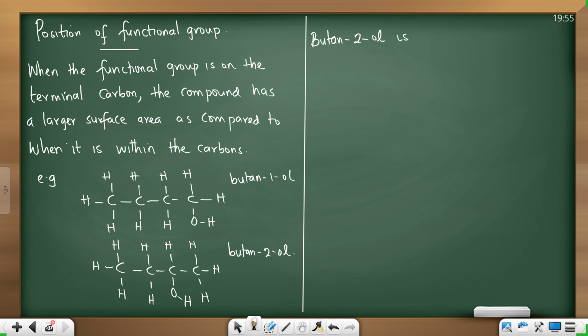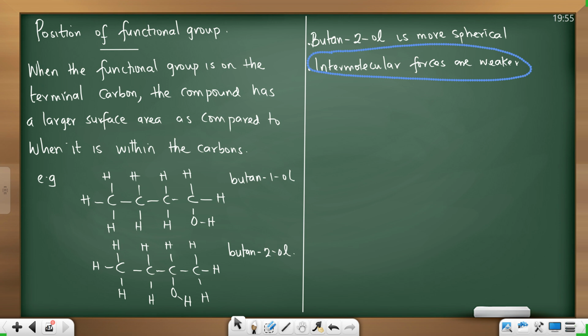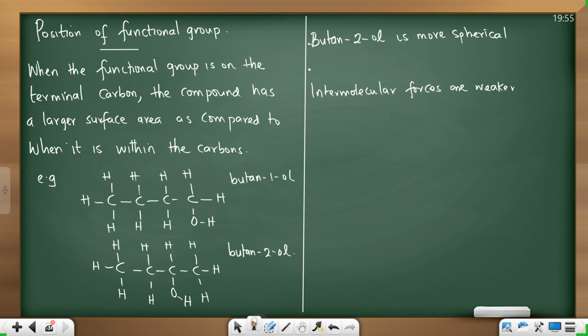Butane 2-ol is more spherical. Intermolecular forces are weaker. It's more spherical. Okay, if I say more spherical-ish, I'm now judging myself with what I told you.